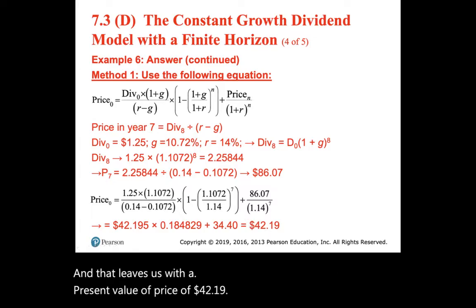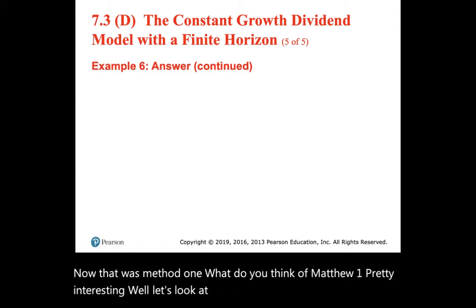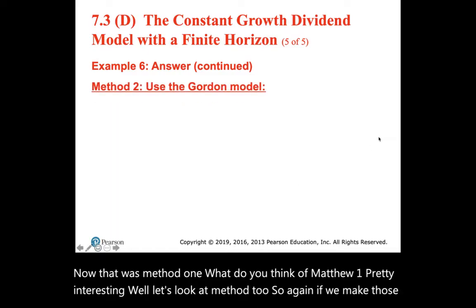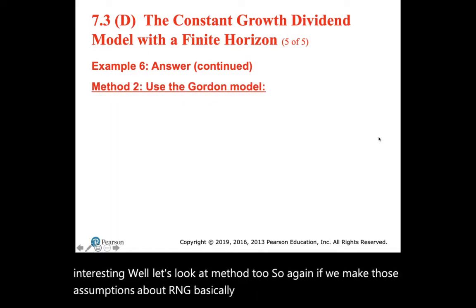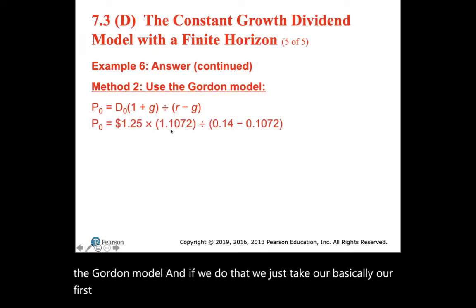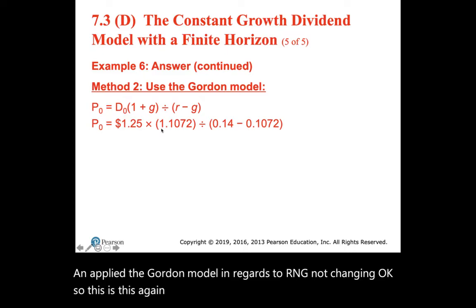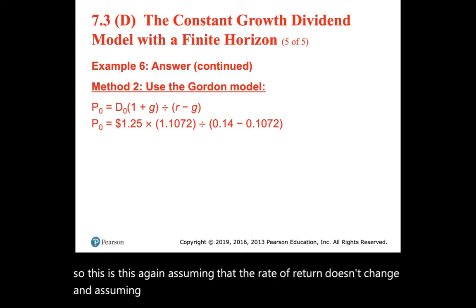Now, that was method 1. What do you think of method 1? Pretty interesting. Well, let's look at method 2. Again, if we assume R and G don't change, we can still apply the Gordon model. We take our first dividend and apply the Gordon model, assuming the rate of return doesn't change and the constant growth rate stays constant.